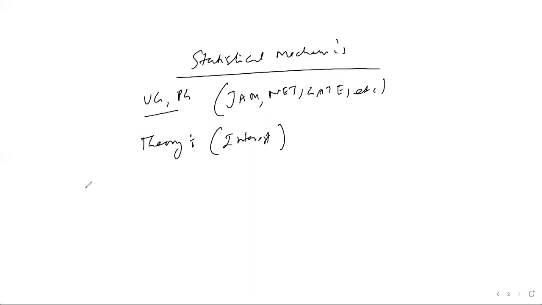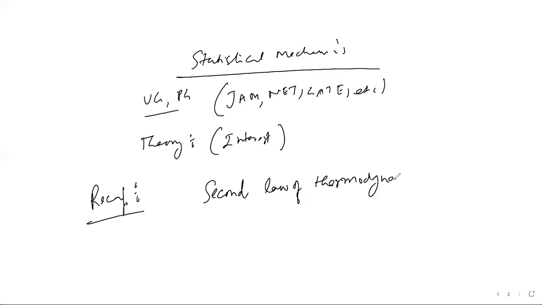So let's look at what we have learned first. Let me recap a few things for you. First, we introduced the second law of thermodynamics, and we saw that there's a way to unfold things.